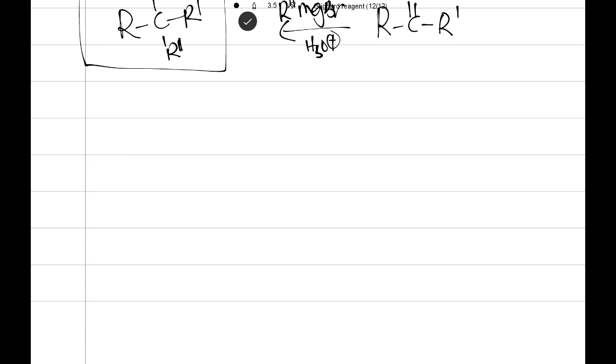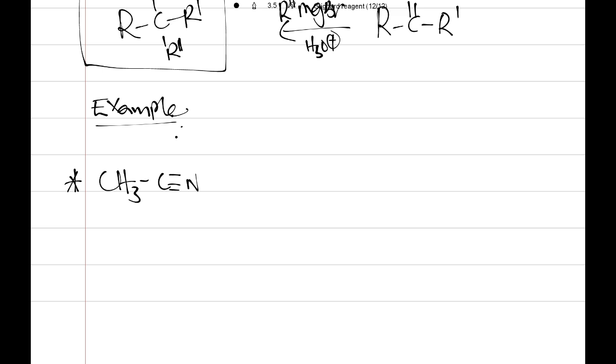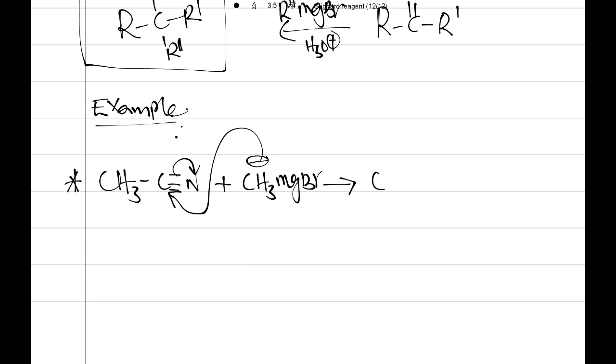If I take some examples here, the first one I am taking is simple cyanide, CH3C triple bond N. When this reacts with 1 mole of CH3MgBr, the first step, CH3 attaches to this electrophilic carbon, electrons are shifted towards nitrogen, and we can get CH3 CH3 double bond N minus MgBr.